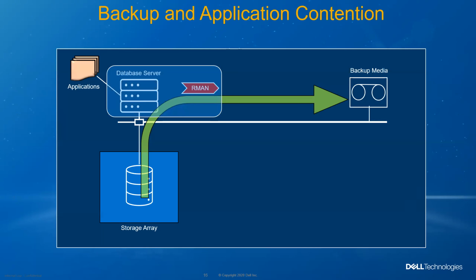So, looking at backup contention, normally a backup runs through RMAN in the same server as the database server. So what this means is that your application users are accessing the database, and RMAN is also pulling the same data back. So you get contention both in the server for memory resources, for compute resources, and also for the HBA resources that access the storage.